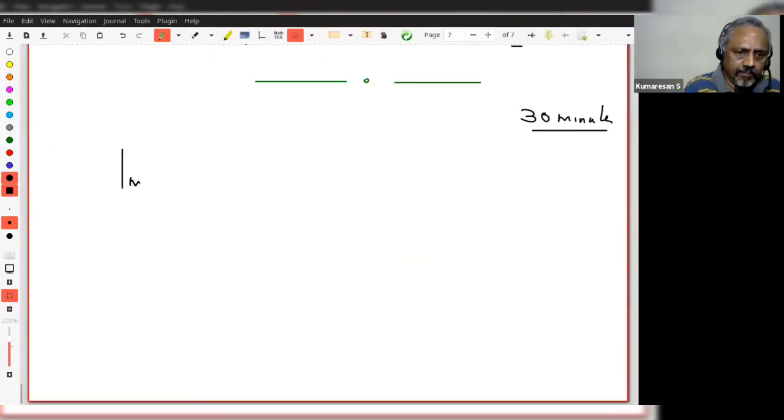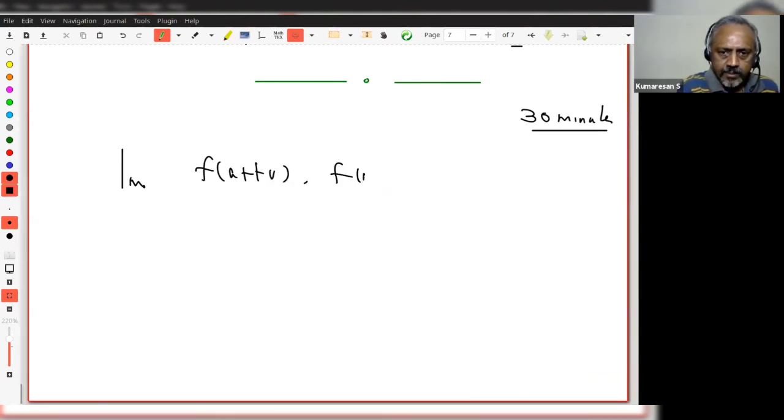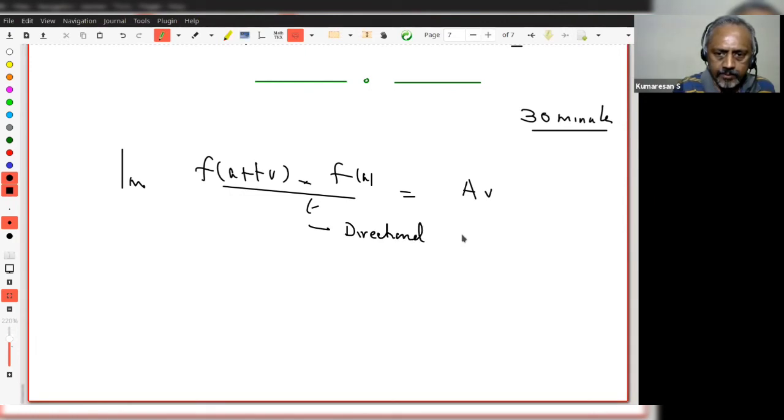The limit of f of a plus tv minus f of a by t. This we have seen, this is A of v, and this is called the directional derivative of f at a, in the direction of v.